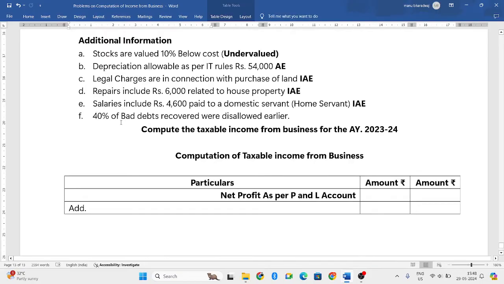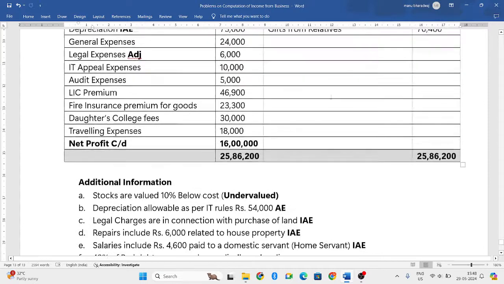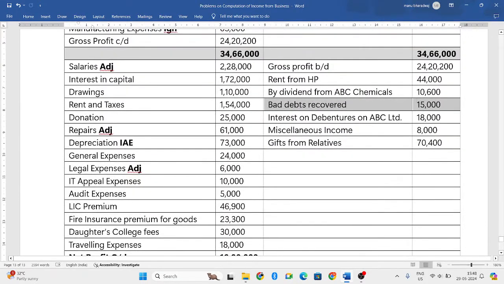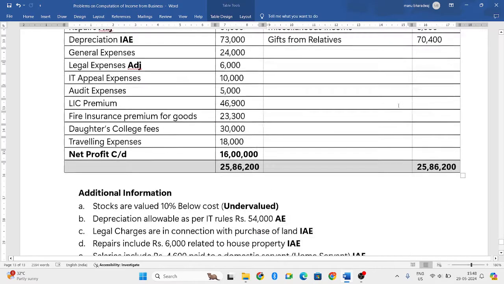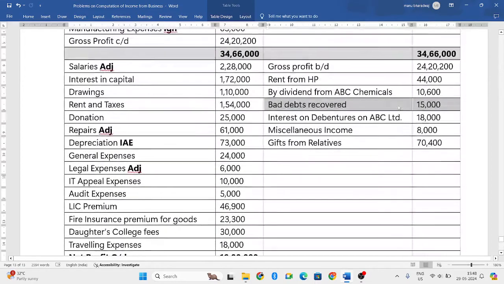Next, 40% of bad debts recovered were disallowed earlier. So the bad debts recovered they have given in the P&L account credit side, 15,000. Whatever this 15,000 is, they have got the bad debts recovered. Out of this 15,000, 40% is disallowed.